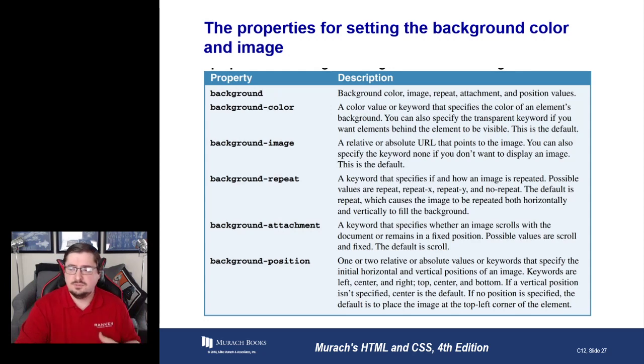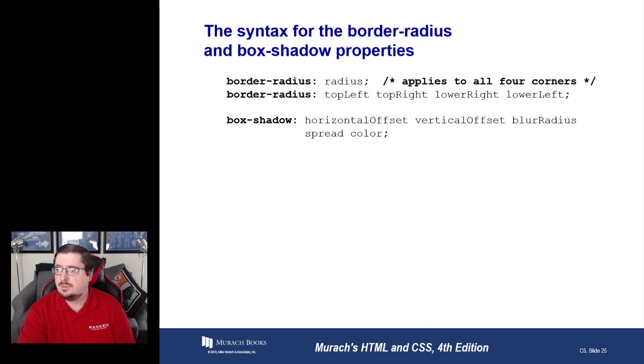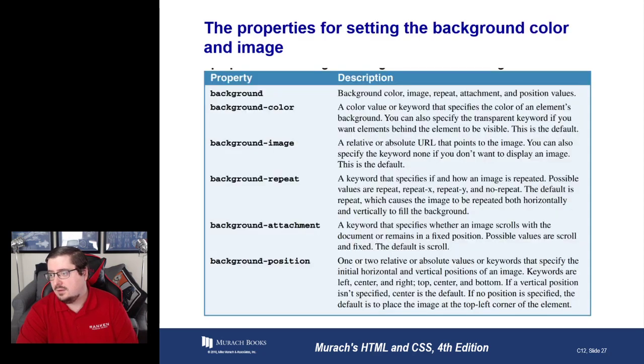Okay, so we just talked about those newer properties, border radius and box shadow. I want to talk about the background properties next. So there's a few different properties we can set for background. The first one just being background. Background is your shorthand that will set all of the values that we're about to talk about.